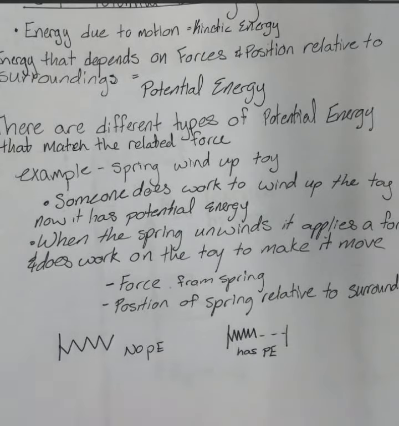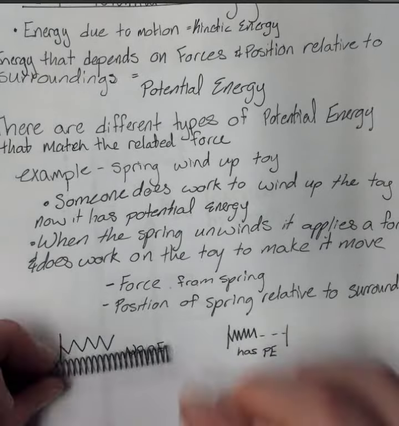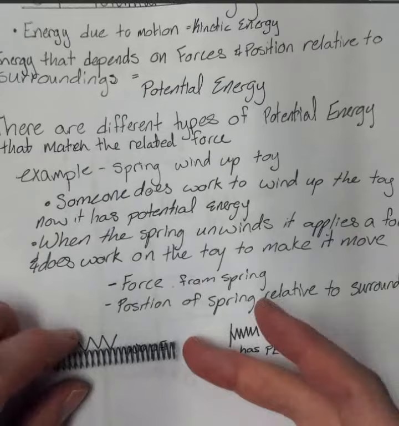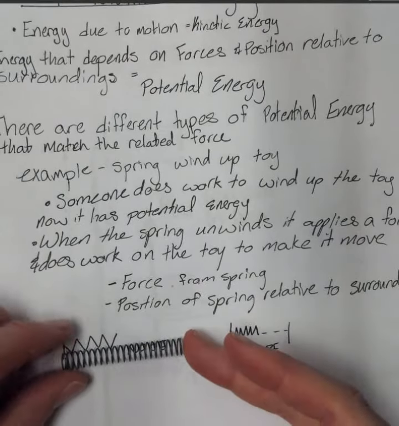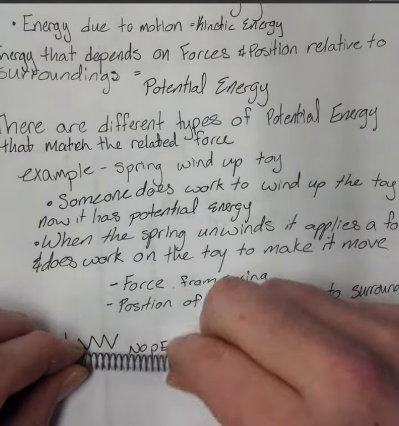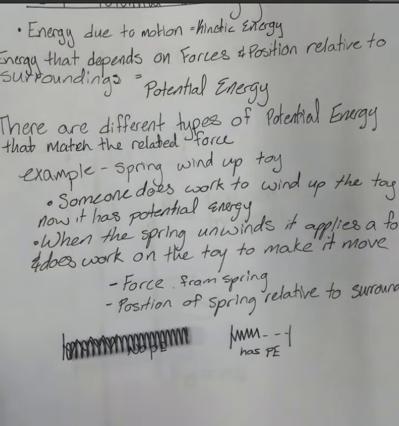Alright, so this has everything to do with the position of a spring relative to its surroundings. You see, when our spring is completely relaxed, there's no potential energy. The spring has the ability to hold a force in it, in that you have to apply a force to the spring to compress or stretch it, but just the fact that this spring has a force related to it, the spring force, doesn't mean that it has any potential energy, which it doesn't right now.